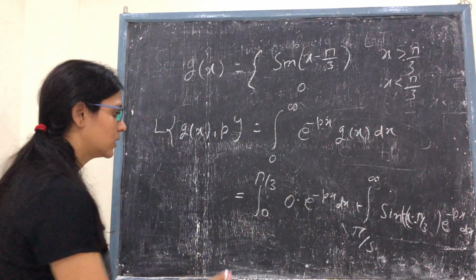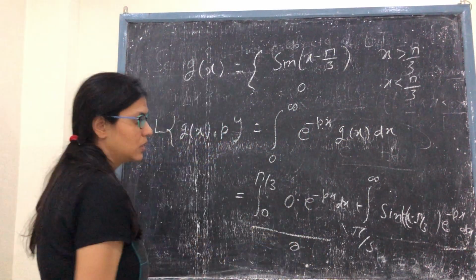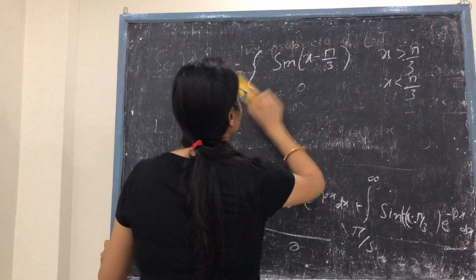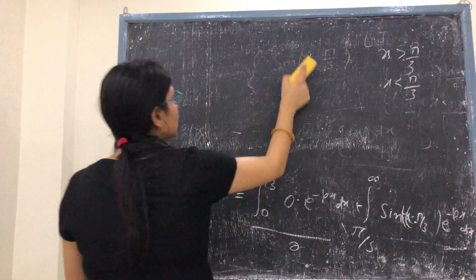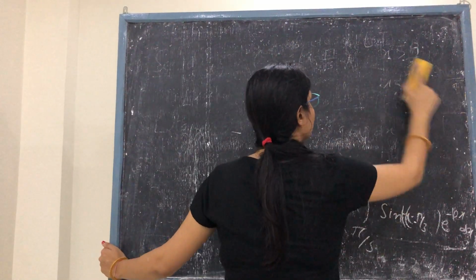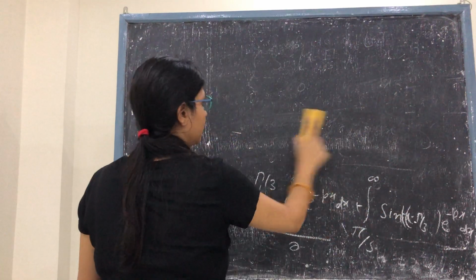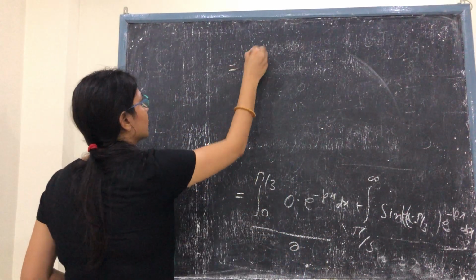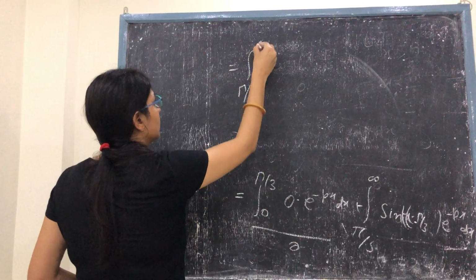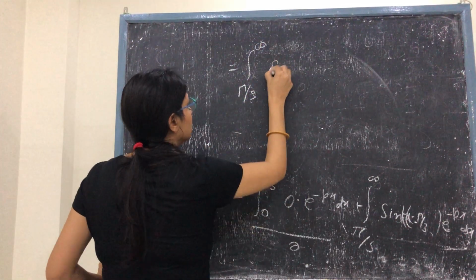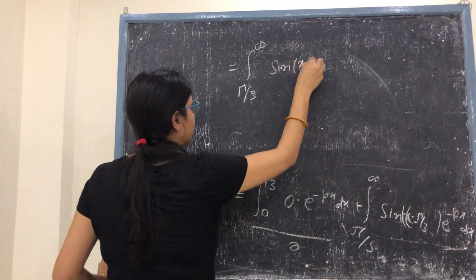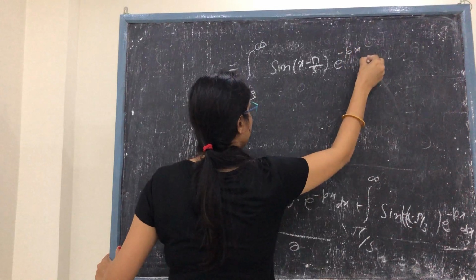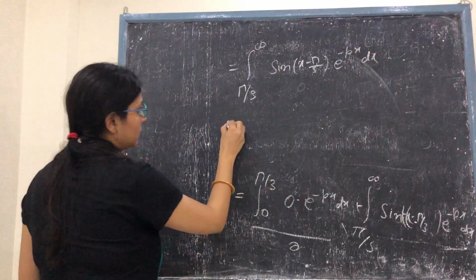The first term is 0 because the function is 0, so here we are left with integral from pi by 3 to infinity sine of x minus pi by 3 e raised to the power minus px dx.